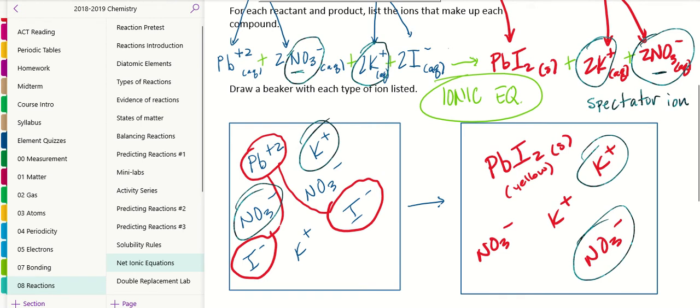What's bonding here? Literally, what is changed on your product side? The lead and iodide. So you are literally having potassium and nitrate watch the whole reaction occur.